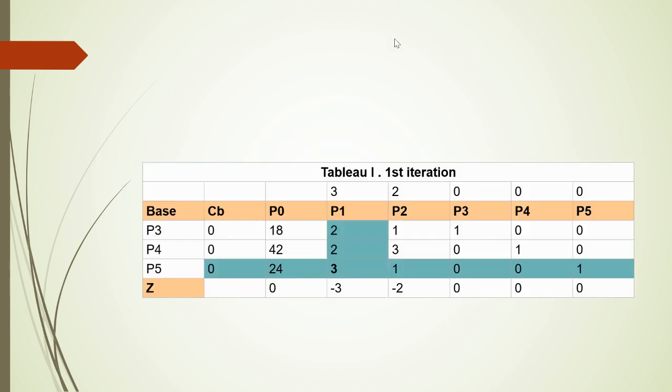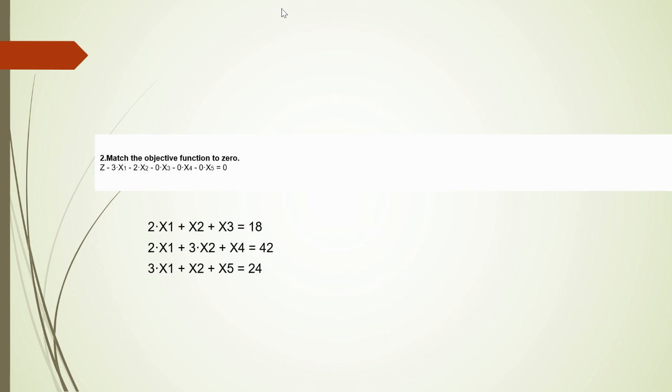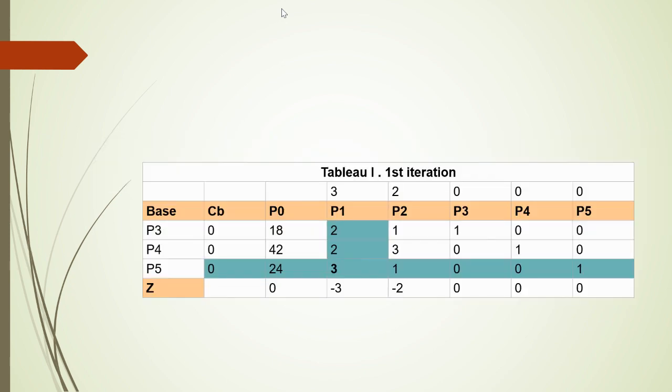Here, these are the right hand side values, 18, 42, 24. And this P1, P2, P3, P4, P5 are like x1, x2, x3, x4, x5. We have taken the coefficients of these variables: P1, 2, P2, 1, P3, 1, P4, 0, 0.